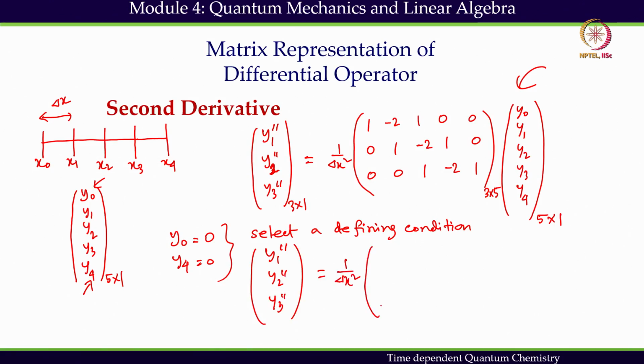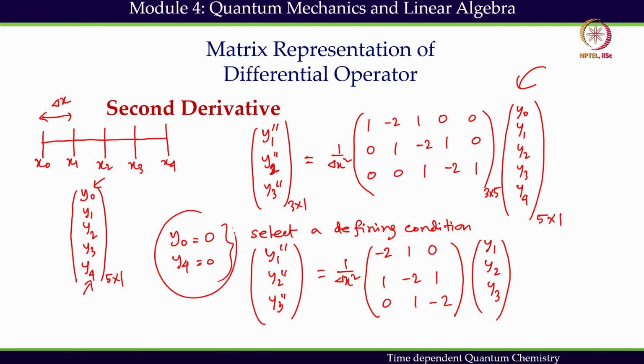Then this is going to be now reduced. This is going to be minus 2 1 0, then 1 minus 2 1, and then 0 1 minus 2. The entire matrix dimension has reduced now because of this initial defining condition, and that is very important to realize.